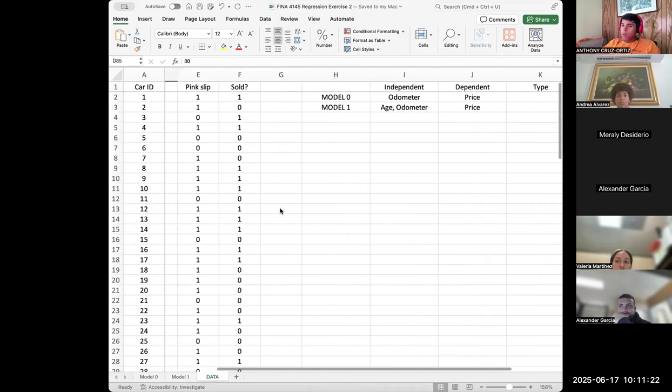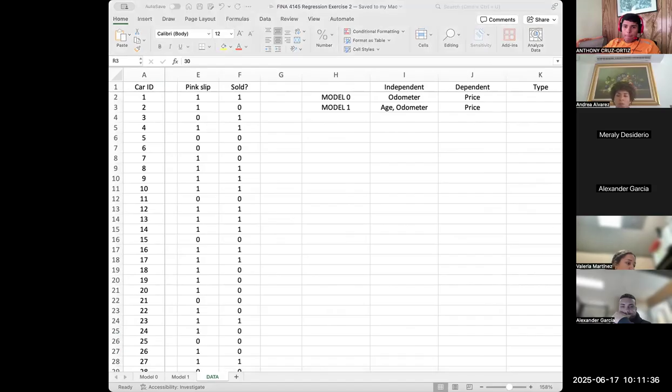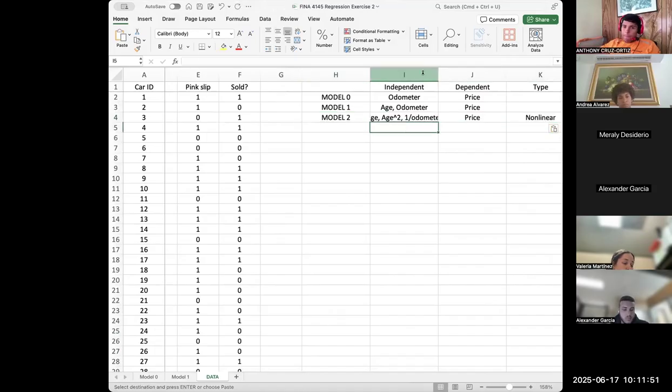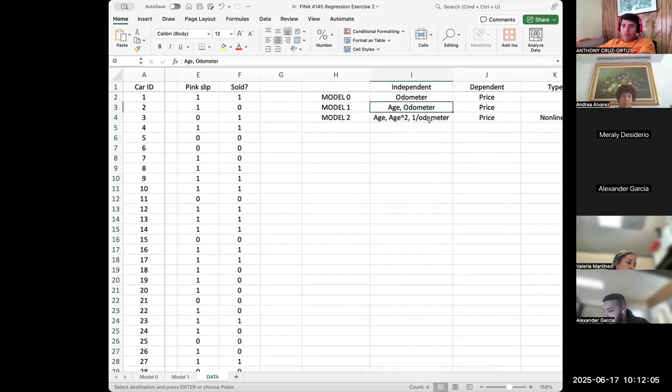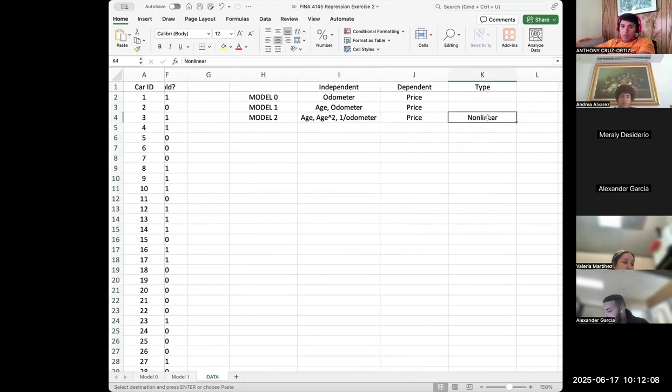I'm going to put the model 2, which I'm going to refer to as a nonlinear model because we're going to have an age squared term.